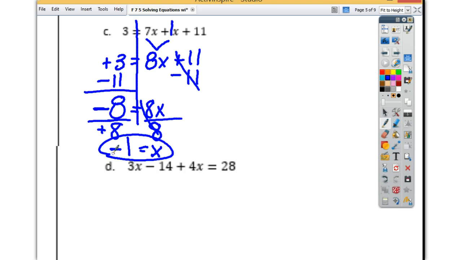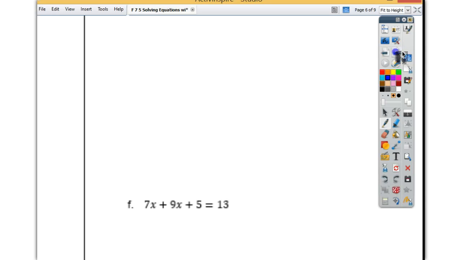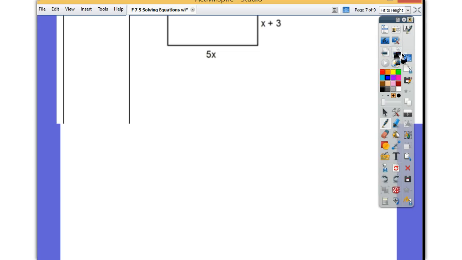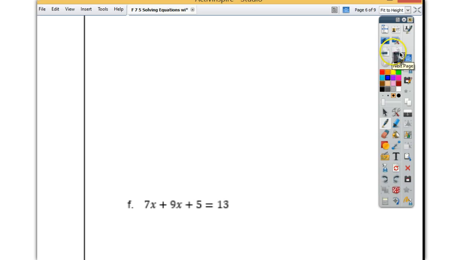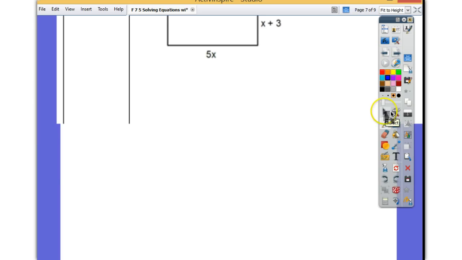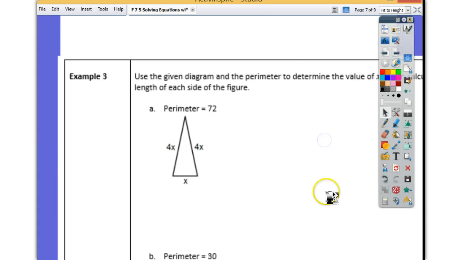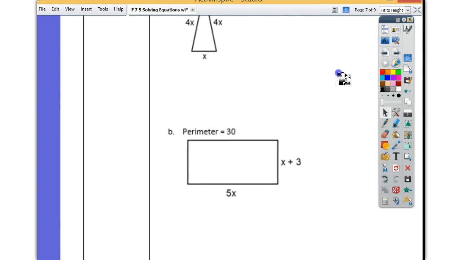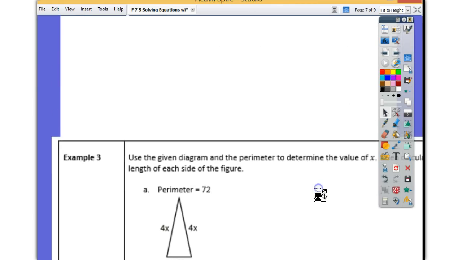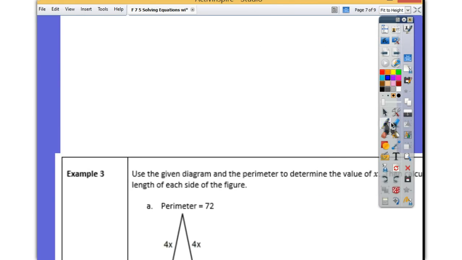All right. For time-wise, let's skip to the last page, A and B. However, off to the side, I want to show you a couple that appear in our worksheets, but they're not in our notes.